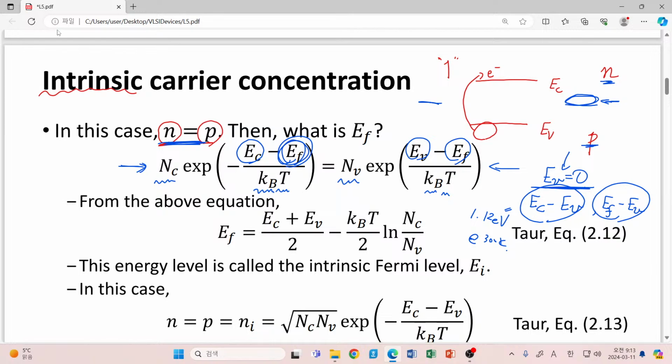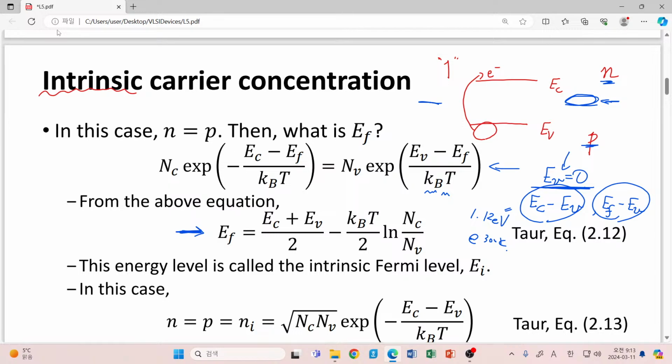That breaks this charge neutrality condition, which is not allowed. So we must solve this equation as a function of the Fermi level. The Fermi level will be adjusted to satisfy this intrinsic condition. Now we can easily do this job, and this is the solution we can have.